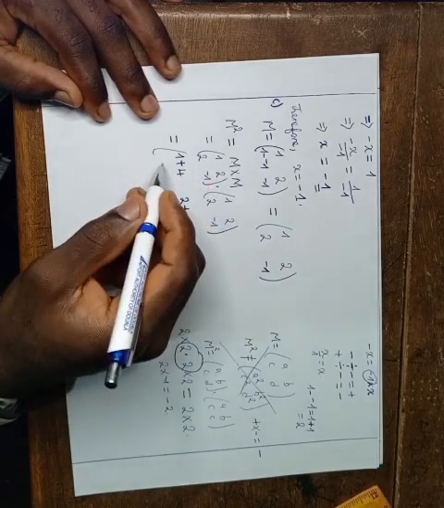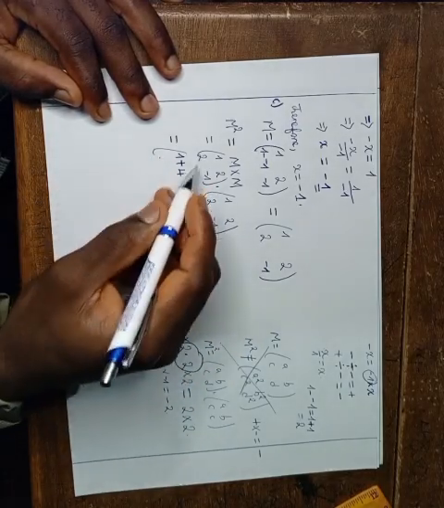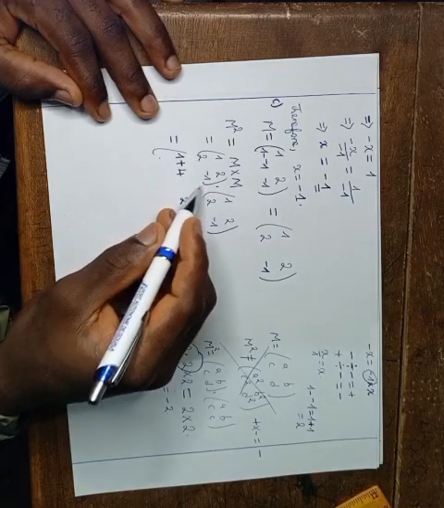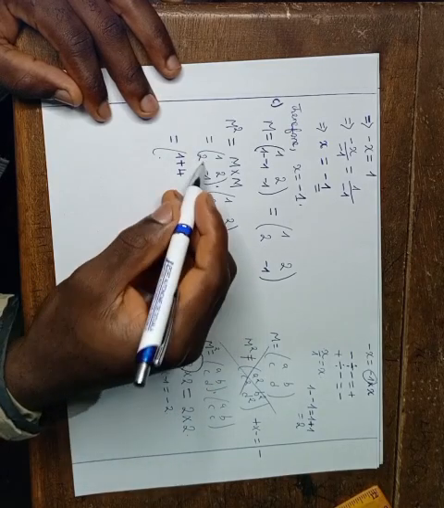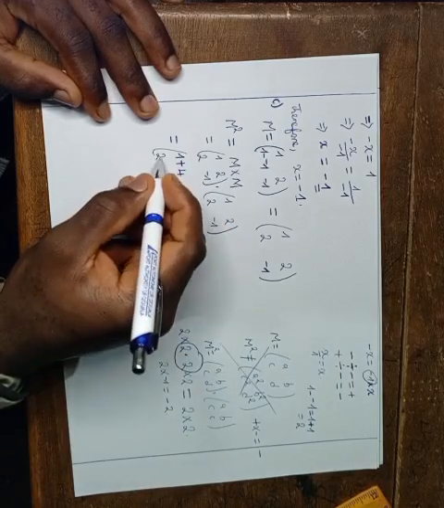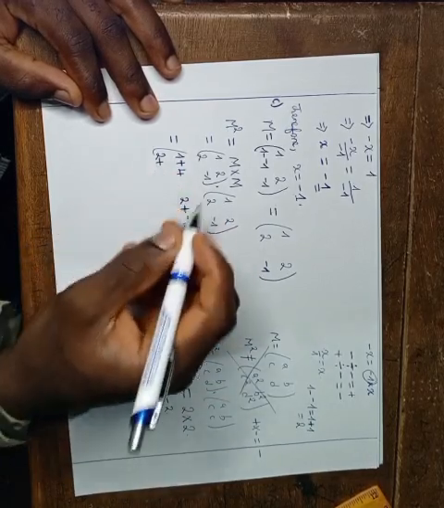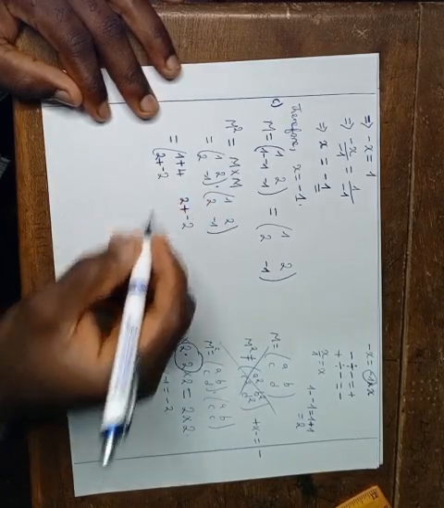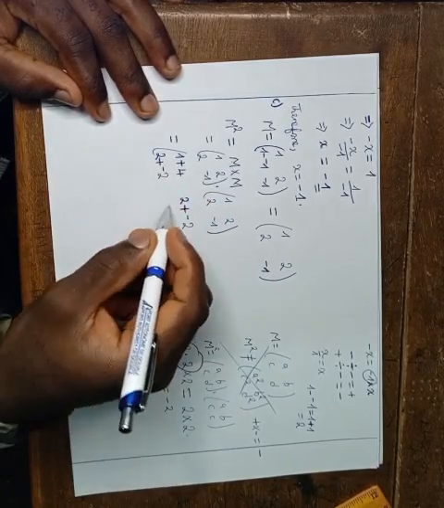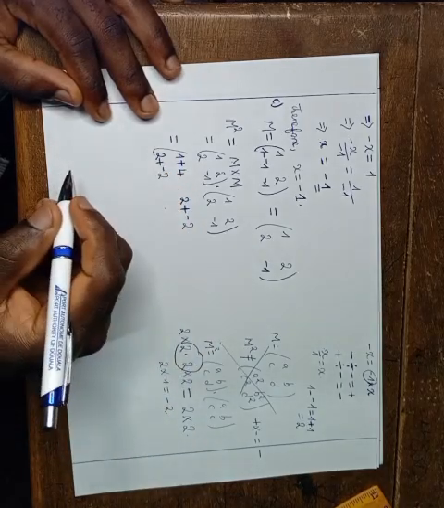Next, we need the first entry of the second row. We take the second row of the first matrix and multiply by the first column of the second matrix. 2 times 1 gives us 2, plus negative 1 times 2 gives us negative 2. Next, we need the second entry of the second row.